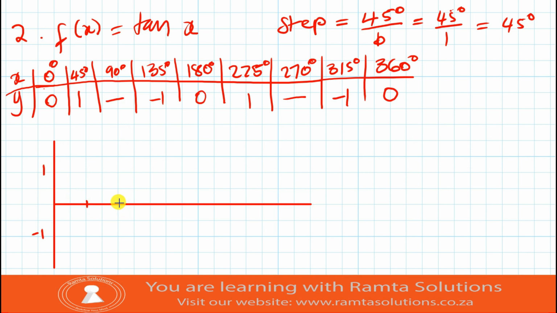So this is 90 degrees, 180 degrees, 270 degrees, and 360 degrees, right? Okay, perfect.